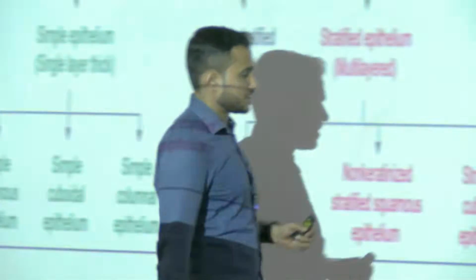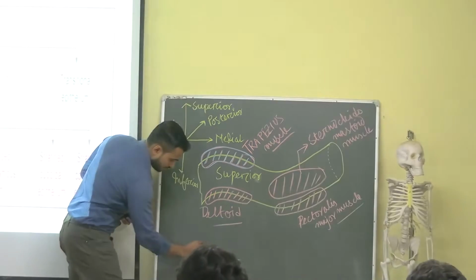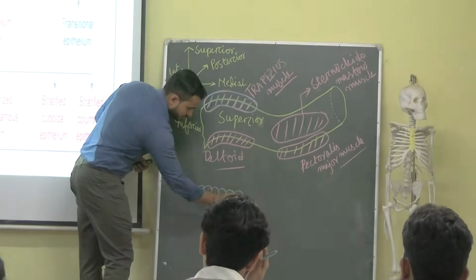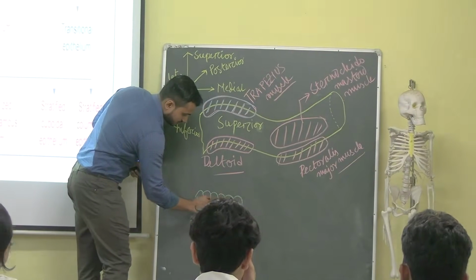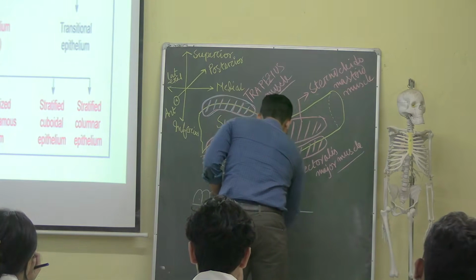You take one basement membrane. Suppose one basement membrane is there. On that basement membrane, one layer of cell is present. And suppose another basement membrane is there.